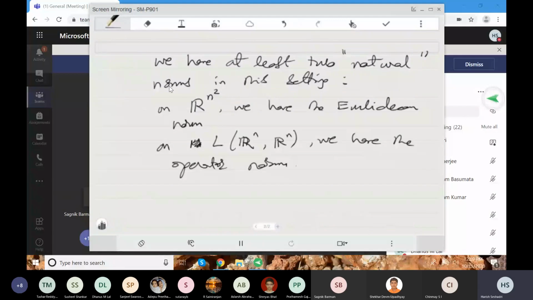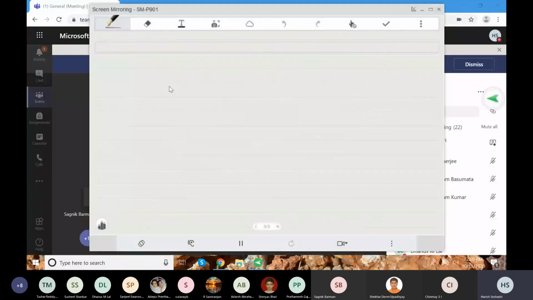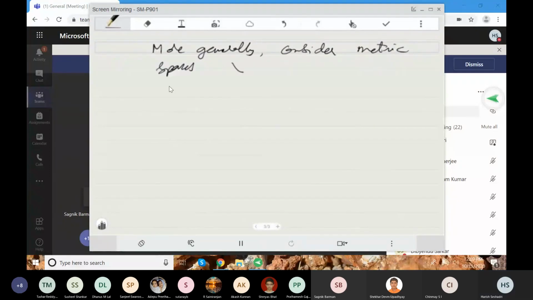For instance, let's look at a more general setting. More generally, let's look at metric spaces. Consider metric spaces (X, d_X) and (Y, d_Y).